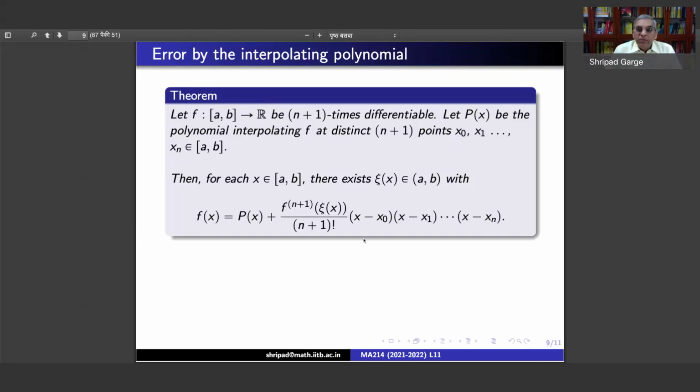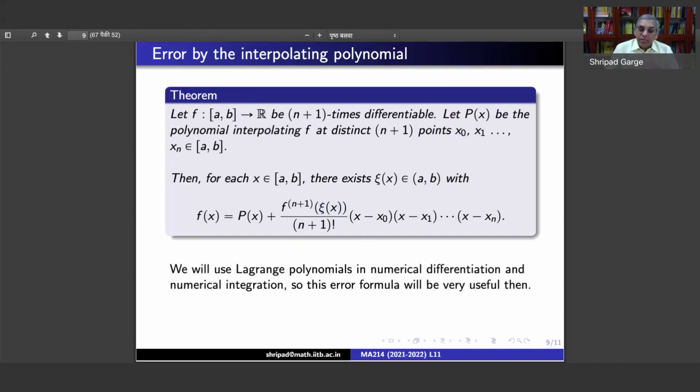And if you have some x other than the xi, then the error form has the (n+1)th derivative of the function at some xi(x). That xi(x) will depend on your x. Then there is the (n+1) factorial in the denominator.